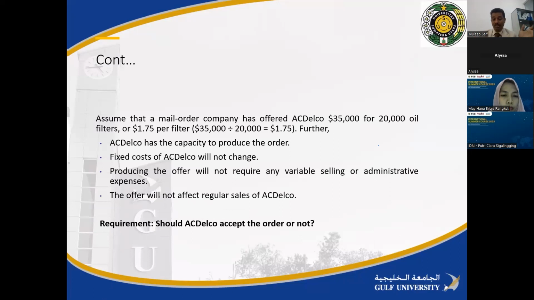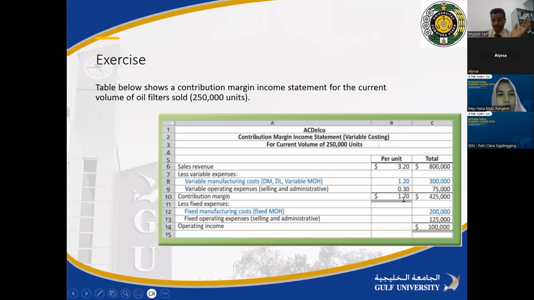The cost for each filter in the journal is higher. He said variable cost for each filter is 1.7. Here we have fixed cost. If we divide this total fixed cost by the number of units, we also get a fixed cost for each filter. This plus this will be higher than the sales price given by the customer.